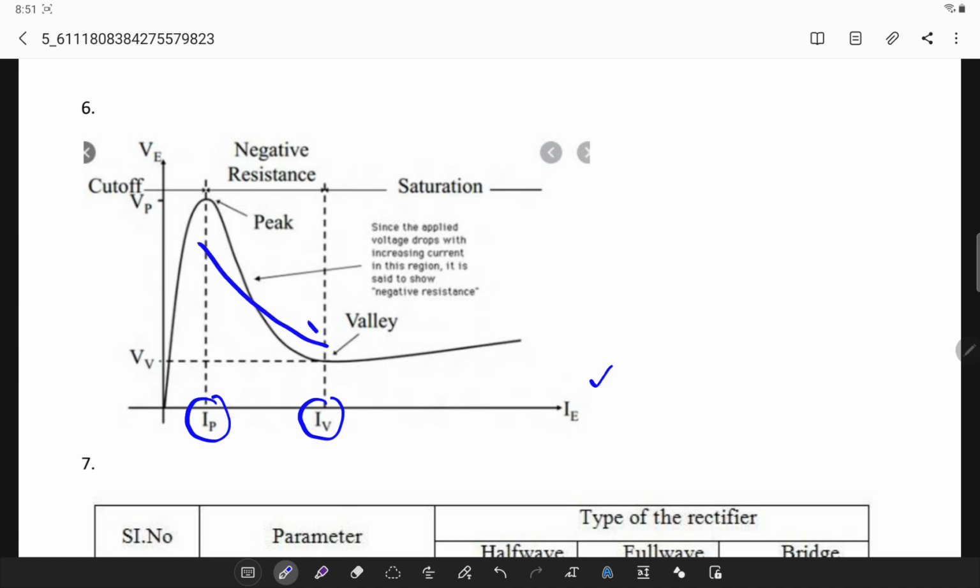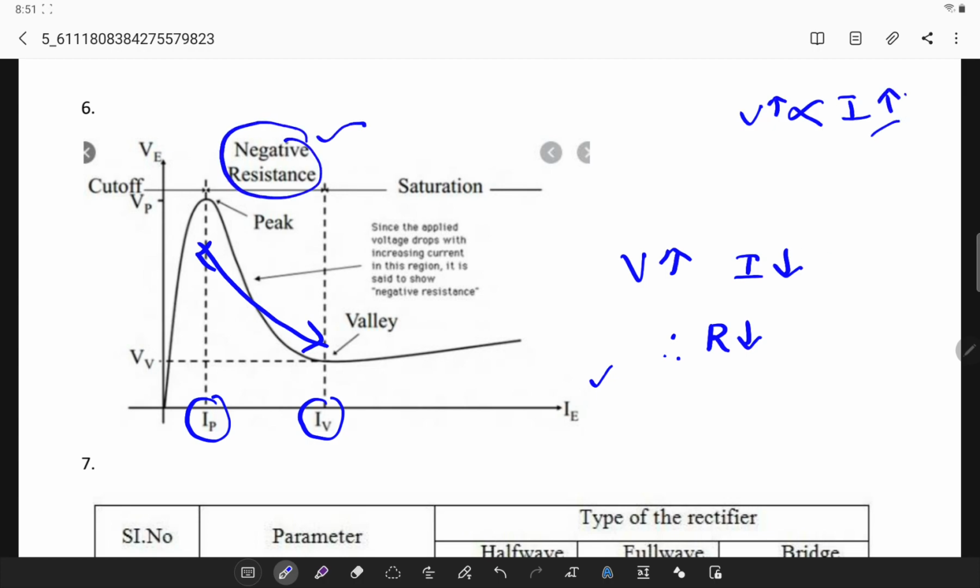In this particular region, as voltage increases, the current value is decreasing. Generally, as per Ohm's law, voltage is proportional to current, and as voltage increases, current also increases. But here you get the concept of negative resistance, in which as voltage increases, current is decreasing, and hence you can consider it as having negative resistance.